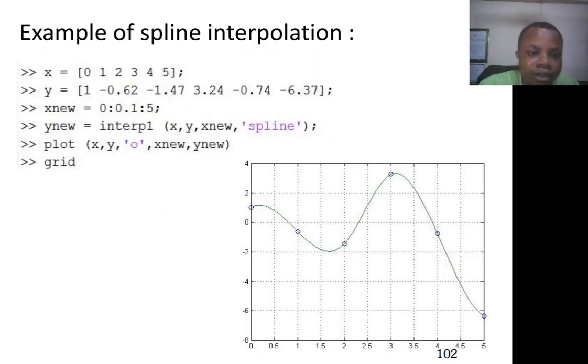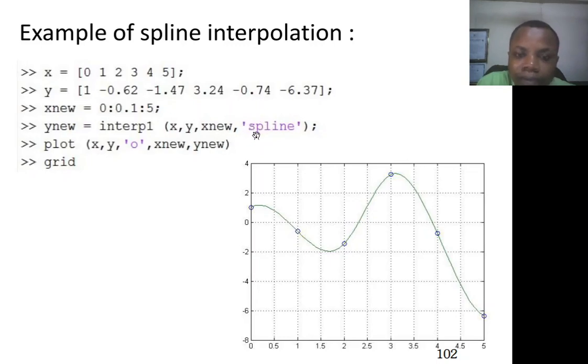All right, so for instance, suppose that we have these two vectors, x and y, and that is what has been plotted as our dots, that is our round. We interpolate this new spline using x and y, and we are interested in interpolating from 0 to 5.